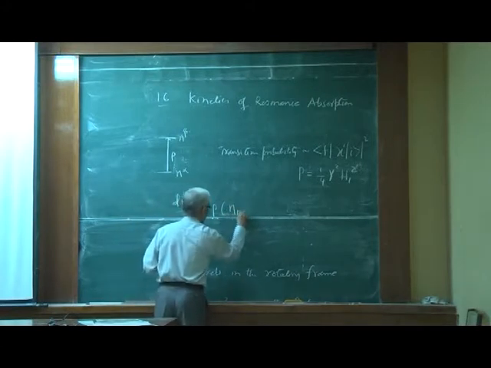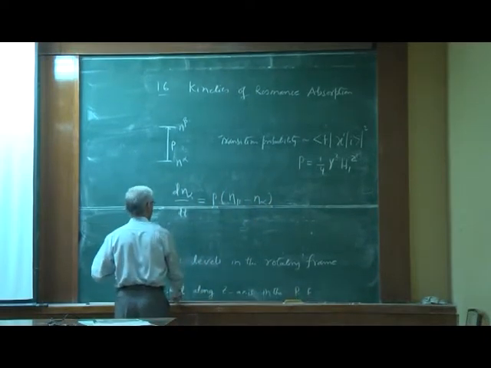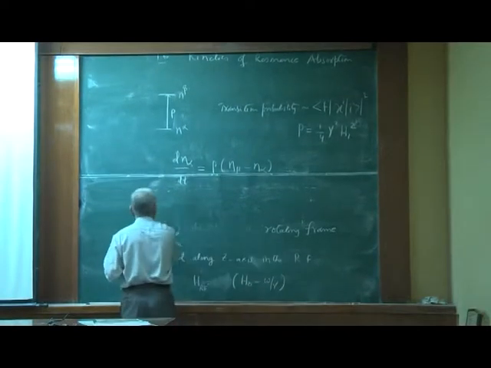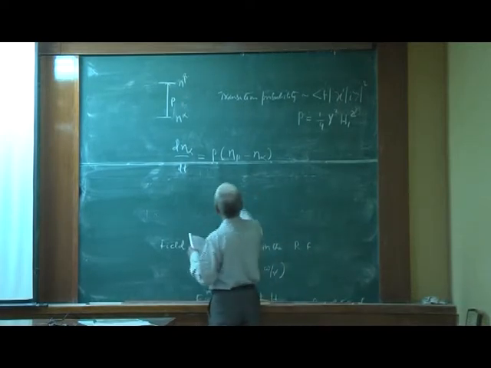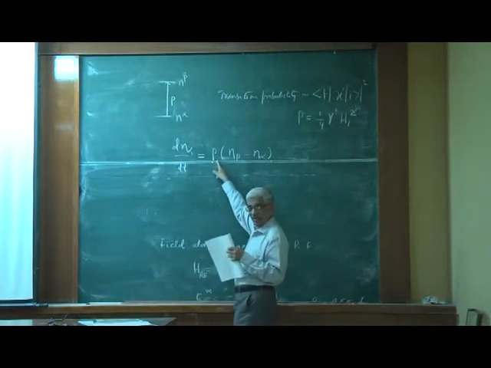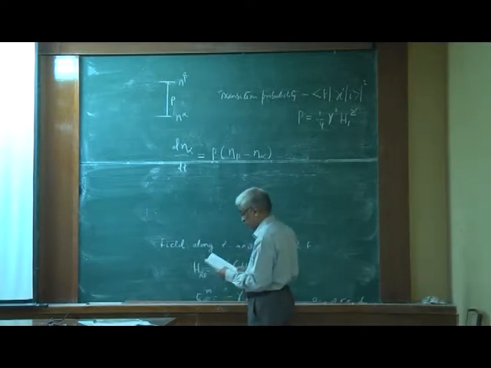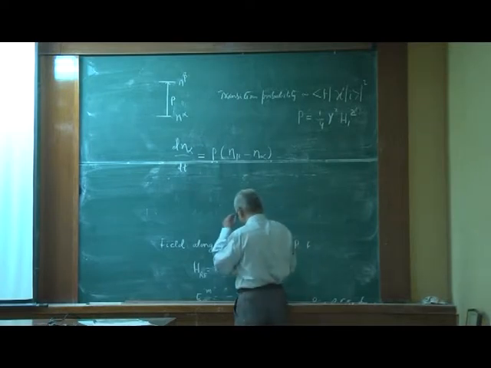P n beta minus n alpha. Similarly, you can write these equations, which we wrote earlier also, except that I have now written P instead of W beta alpha, W alpha beta. Once again I will write an equation with some arbitrary number.